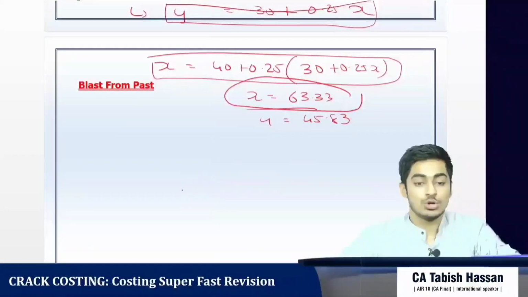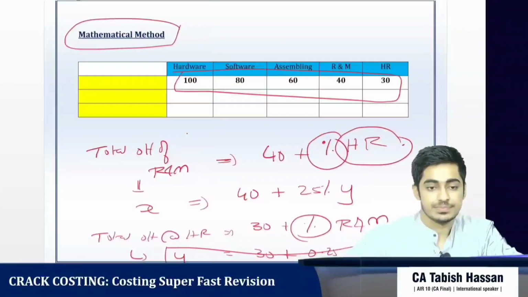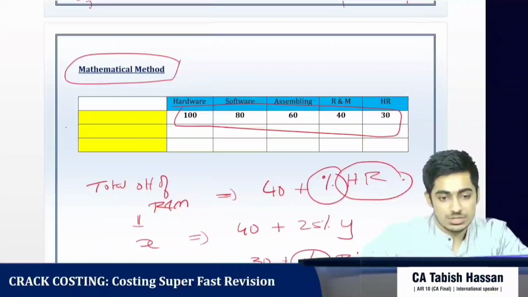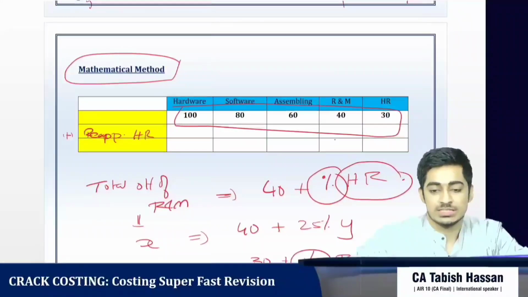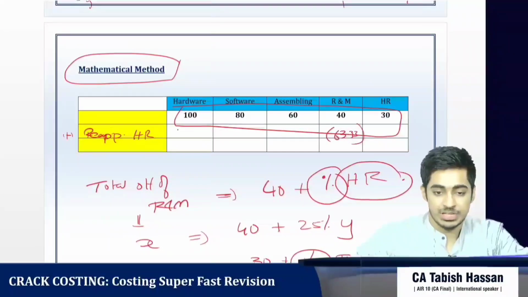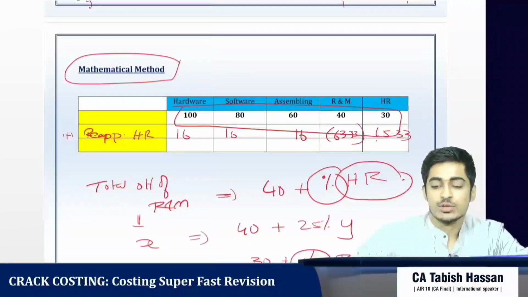So now what do we do with this? We have the primary distribution. So from here, we reapportion, say first, the cost of HR. So what we do is, there's 63.33. We distribute it equally, say for example, 16, 32, 48, and then we do so on.